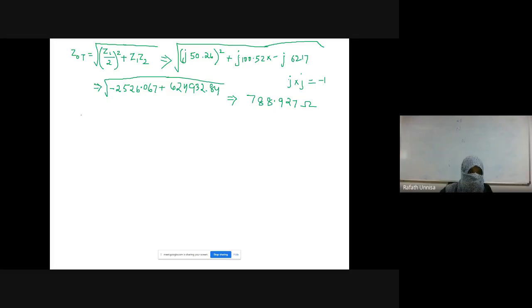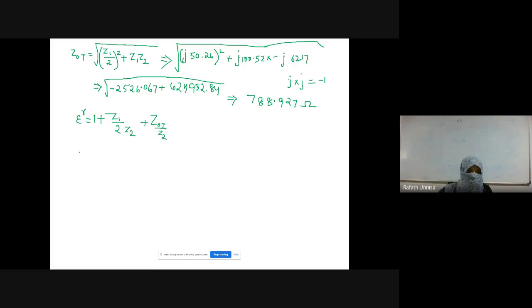Now we will quickly calculate the e power of gamma. Units are also important for us. If some of you have calculated, kindly give me your answers. It is Z1 by 2 by Z2 plus ZOT by Z2.